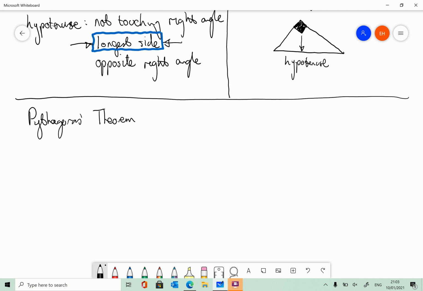Basically, Pythagoras' theorem is a mathematical fact. It's a maths fact.